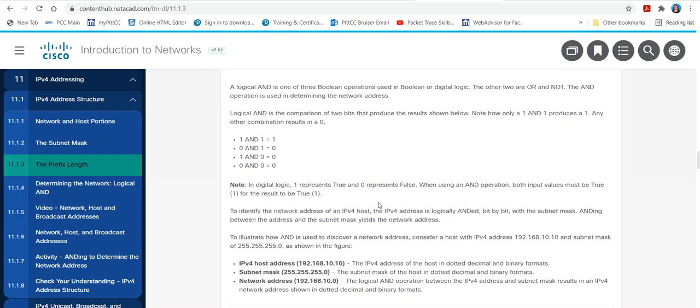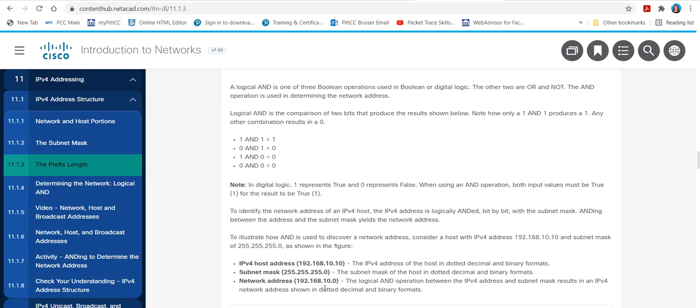Now, one of the concepts that you'll also see in this chapter is the ANDing process. So what is ANDing? ANDing is the process of determining an address. So it's usually used for the network address.